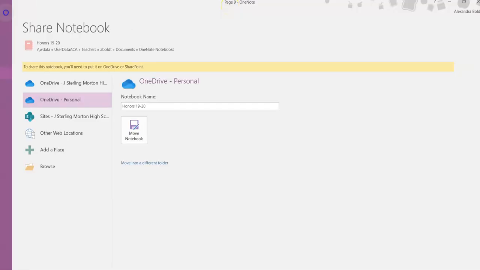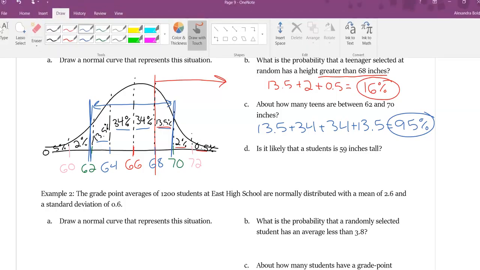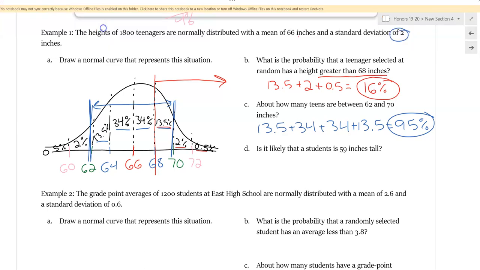Is it likely that a student is 59 inches tall? Well, 59 inches tall is all the way over here. We say anything outside 2 standard deviations is unlikely, okay? Because it's less than a 95% chance.